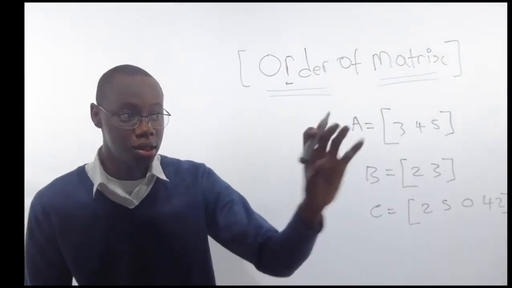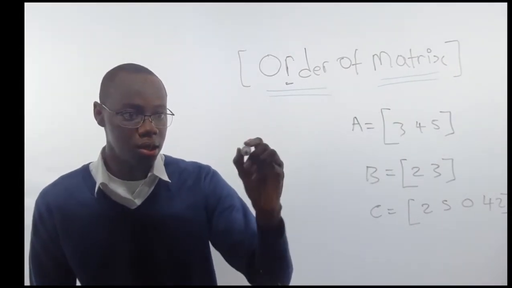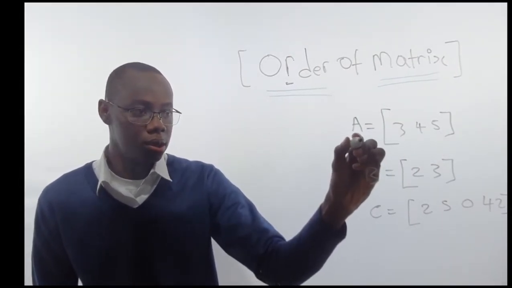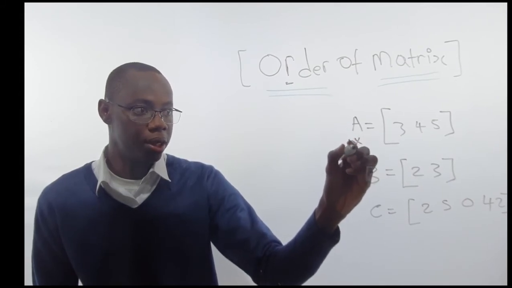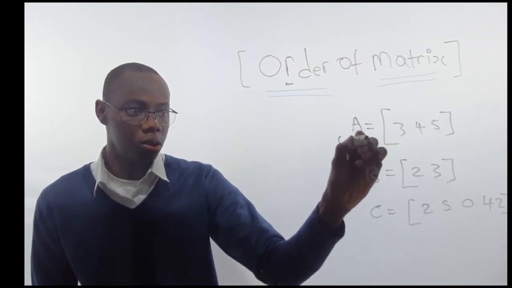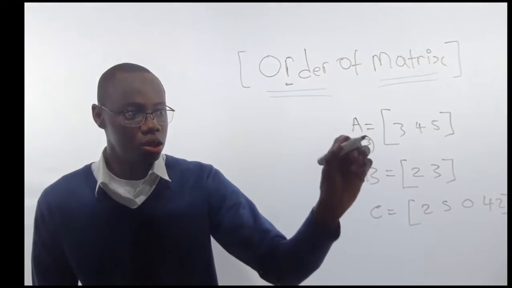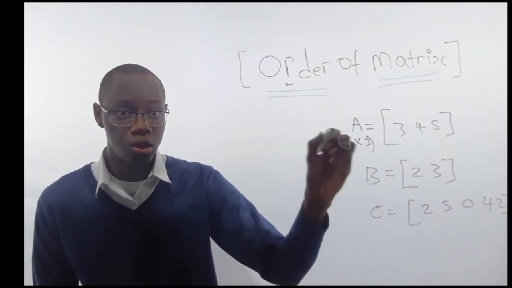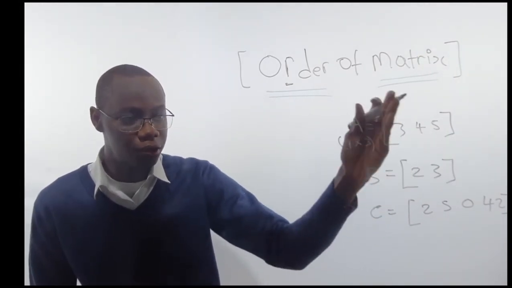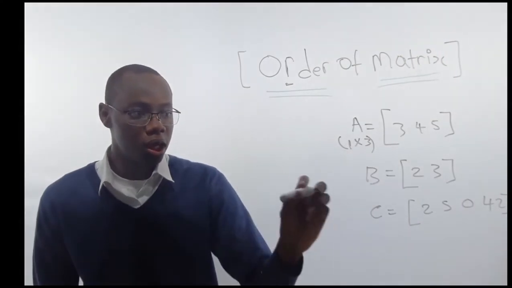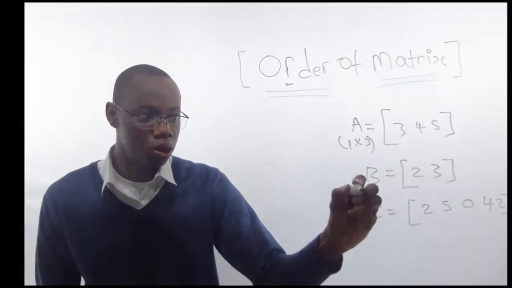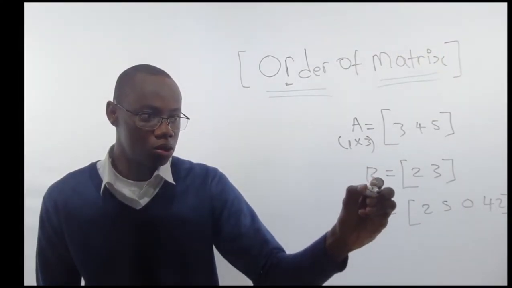What order is this? This matrix A will be a 1 by 3. Why? Because it has just one row. Pay attention, it has just one row and 3 columns. This one too has just one row and 2 columns.